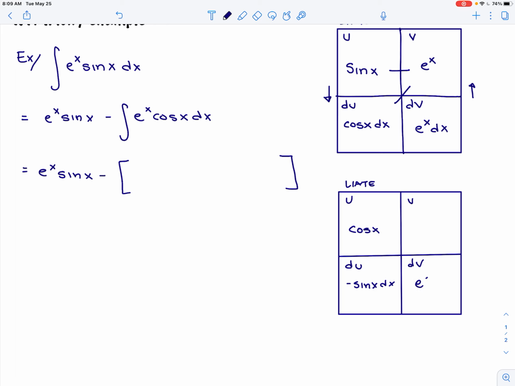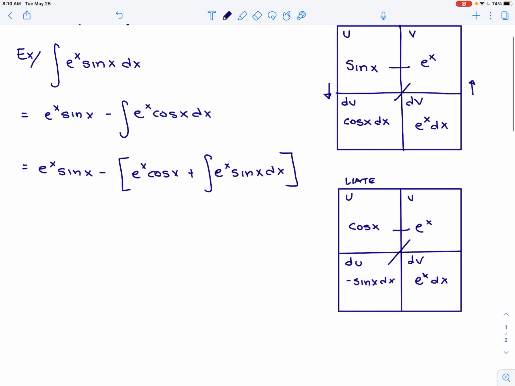And then the dv is going to be e to the x dx, so v is e to the x. And I do this, and I get e to the x cos x minus a minus e to the x sine x dx.